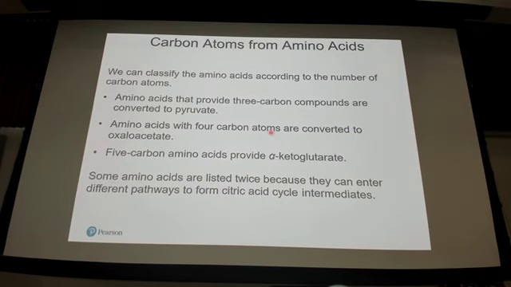And so, as I mentioned, amino acids, the 3 carbon skeletons will likely be converted to pyruvate. 4 carbon skeletons will be converted to oxaloacetate, and the 5 carbon skeletons will be converted to alpha-ketoglutarate.